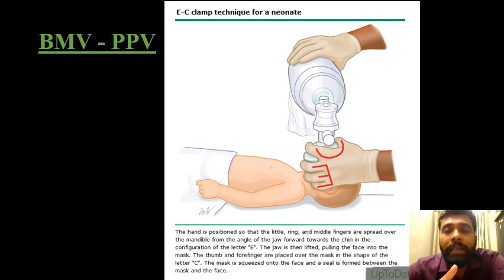That is known by the acronym MR-SOPA. What is MR-SOPA? As per the protocol, you have initiated bag and mask ventilation, and still you are not seeing any positive response.